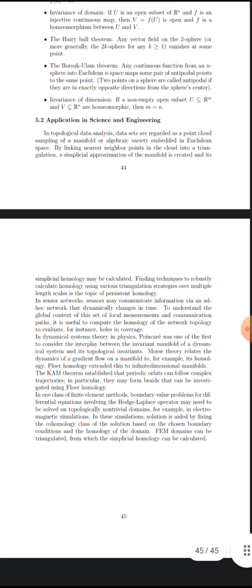Then in sensor networks, sensors may communicate information via an ad hoc network that dynamically changes in time. In global context of these sets of local measurements and communication paths, it is useful to compute the homology of the network topology to evaluate, for instance, holes in coverage.